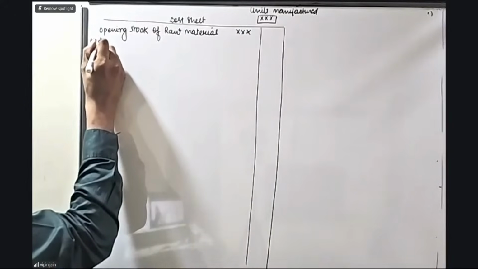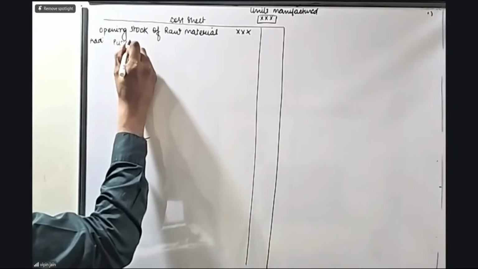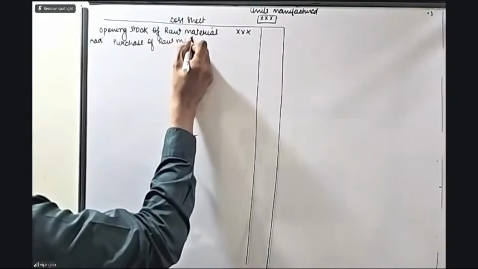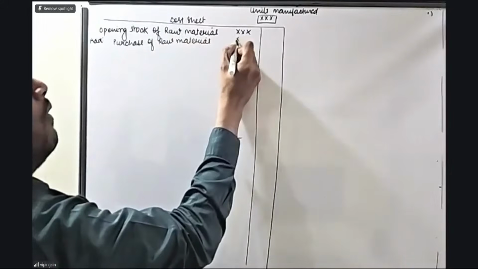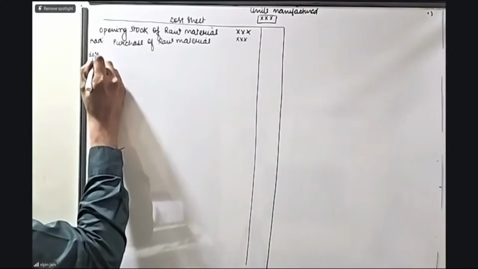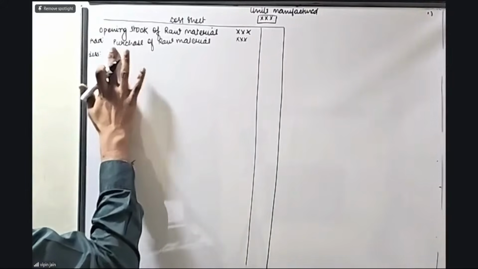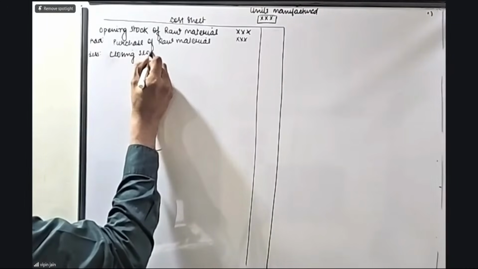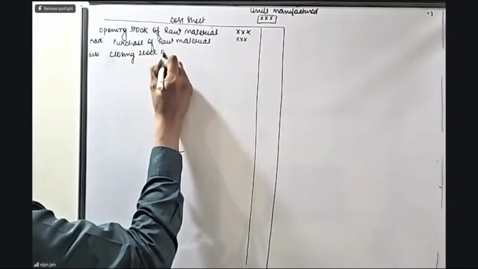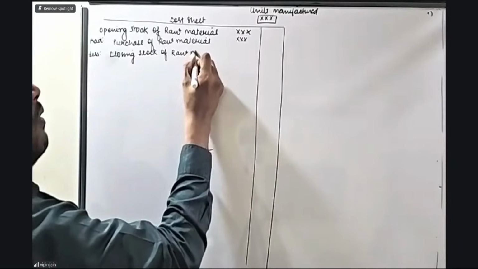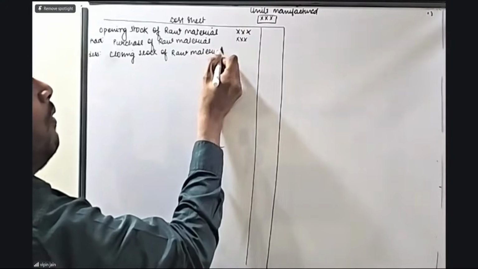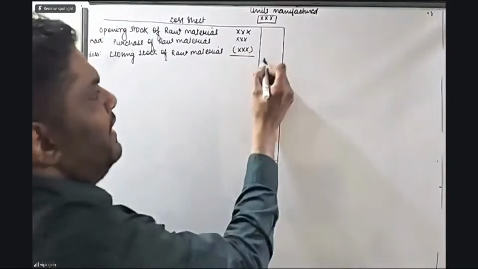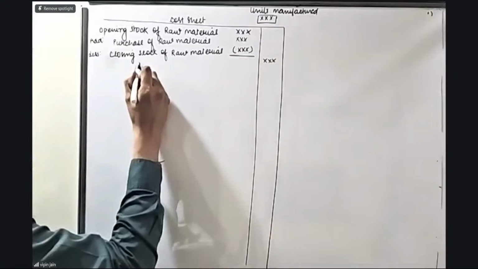We will add purchase of raw material, and we will subtract closing stock. So the final figure we will get is raw material consumed.